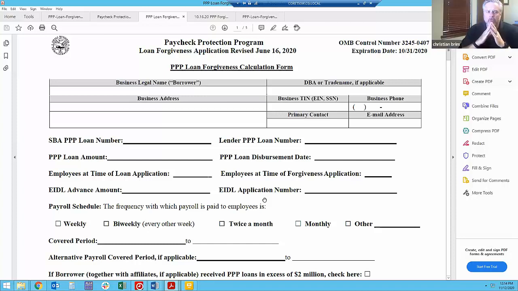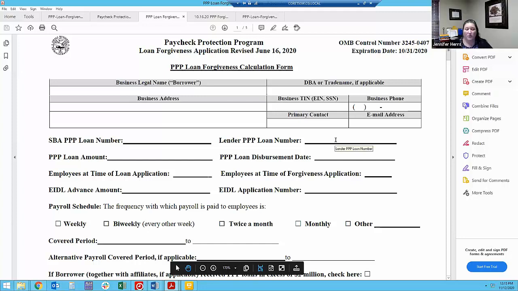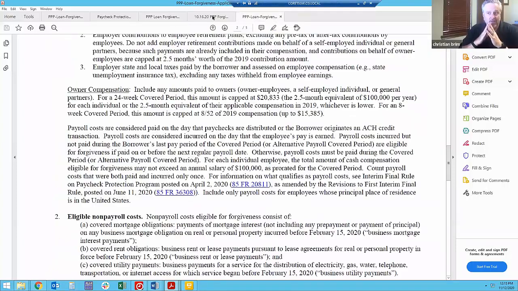What happens from a tax standpoint if your loan is forgiven? If your loan is forgiven, while it is not taxable income, the expenses up to that forgiveness amount are not deductible. So essentially it's taxable.